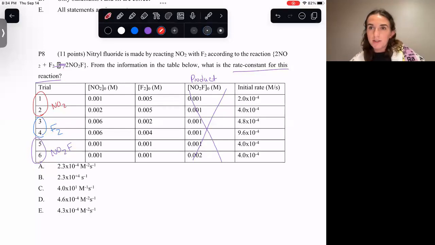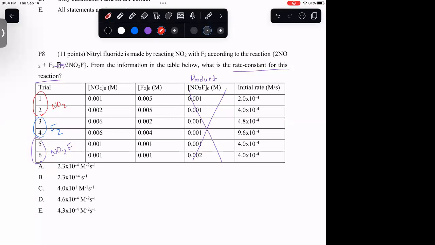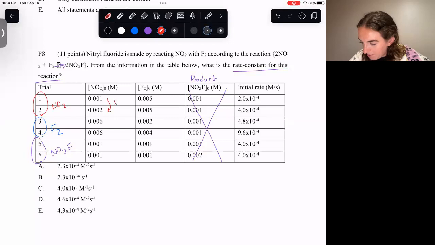What do we do to 0.001 to get to 0.002? By what factor? Double it? Yep, we double it, right? To get from here to here, we times 2. So what happens to the rate in this case?